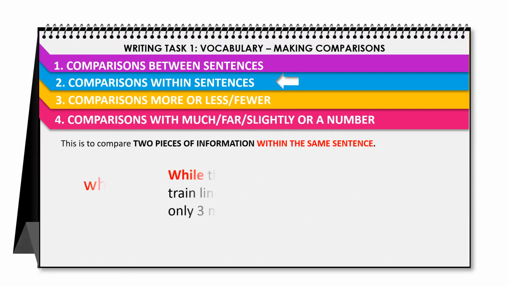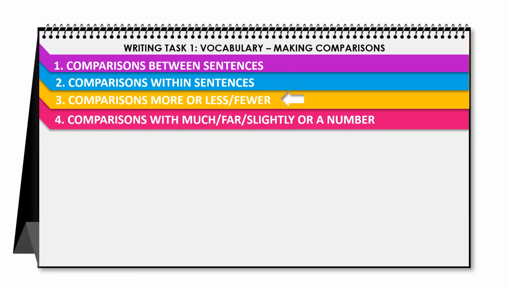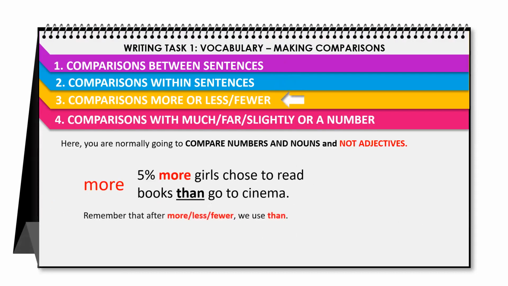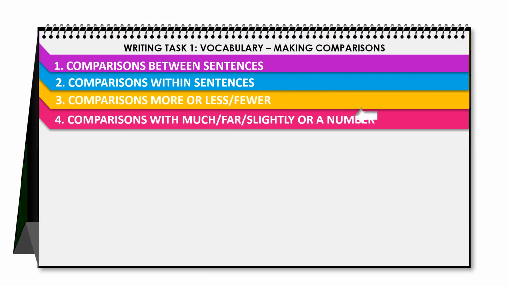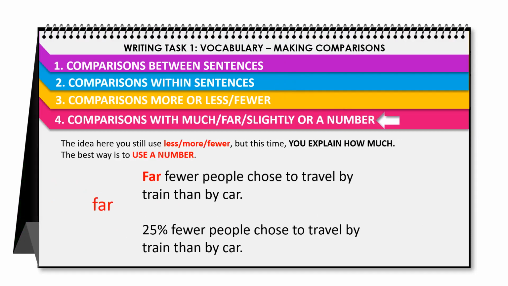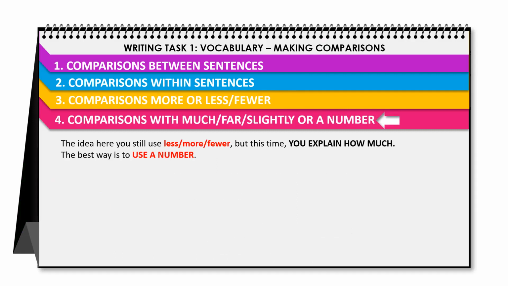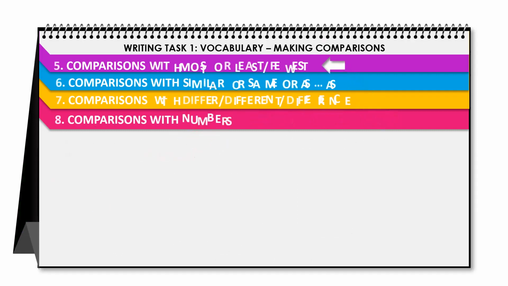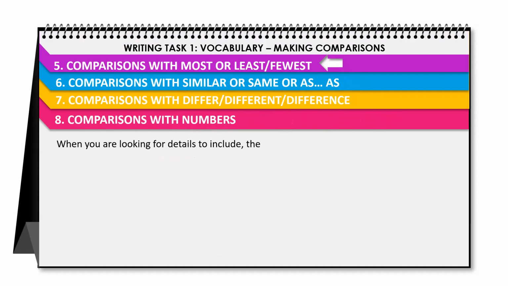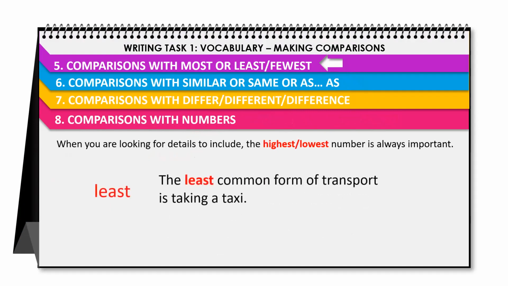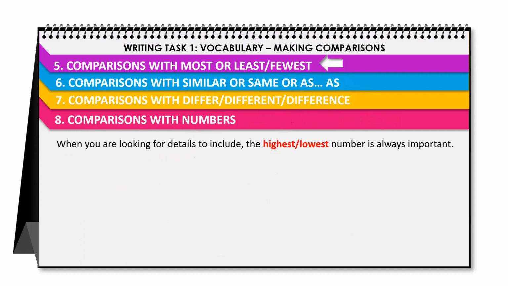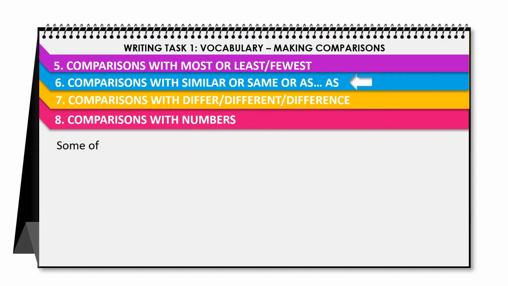So we have while, whereas, although, but, and we have less or fewer, more, fewer, less, and far fewer, we have least or fewest, then we have similar or same as.